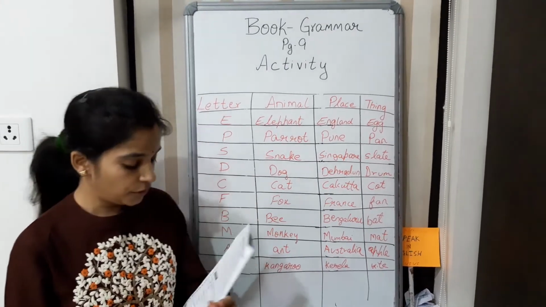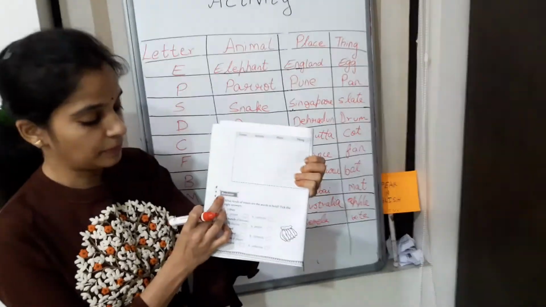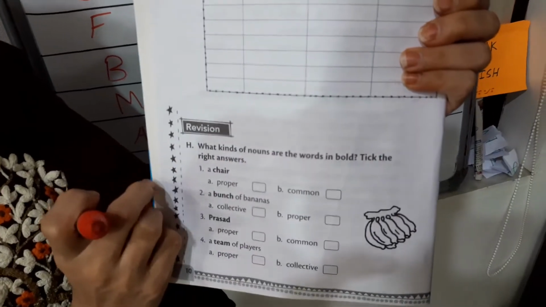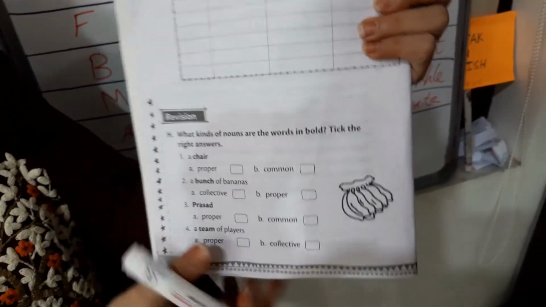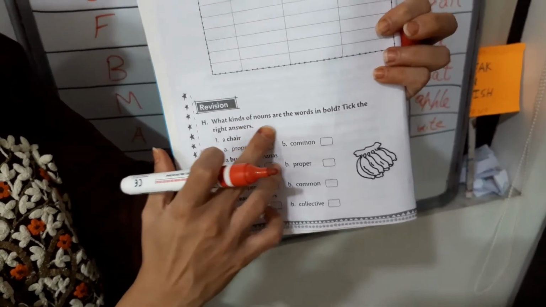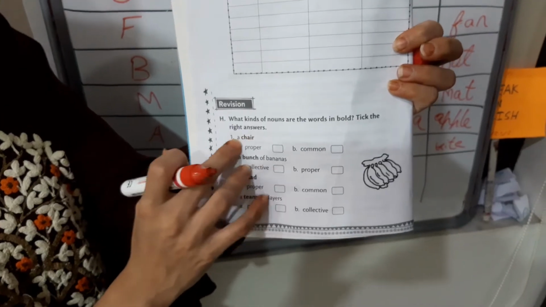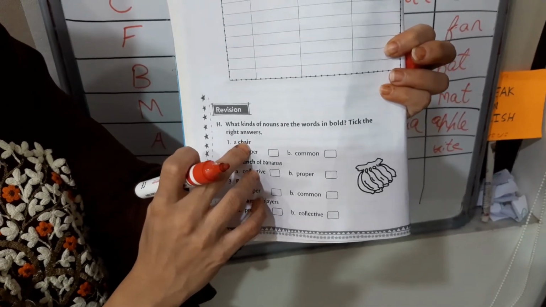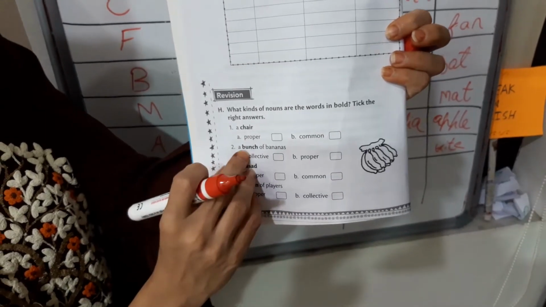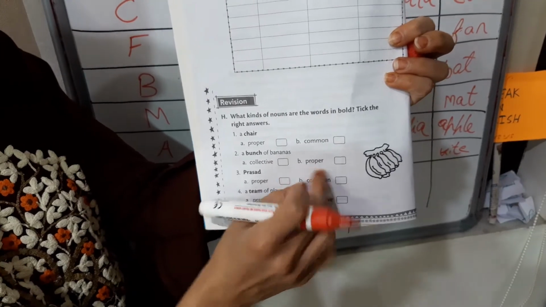Okay, so now here goes your assignment. It's revision. You have to write homework. I'll show you again on the board what's your assignment. So, what kind of nouns are the words in the bold? Now, in this line, which is the bold word? It's chair. So, chair is a proper or common noun, you have to tick. A bunch of bananas. It's a collective noun or proper noun.